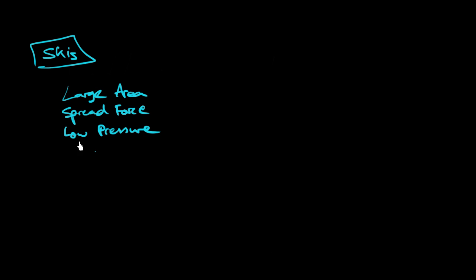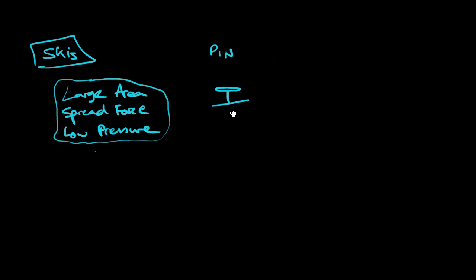So for some applications we want low pressure, like in skis, and for others we want high pressure. When do we want high pressure? For example, with a pin, or drawing pin. A drawing pin has a large surface like this, so that you can apply pressure with your finger, but then it's got a very sharp tip, so that when you try to pin through a wall or through a piece of paper or whatever, all of the force that you're applying onto this larger area is now concentrated in this very small area, so the pressure is very high.